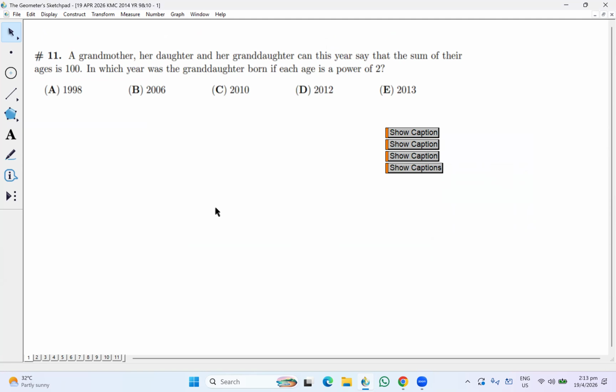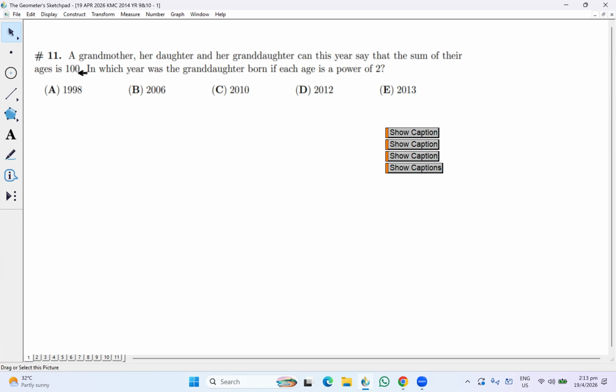There are always 30 questions. A grandmother, her daughter, and her granddaughter. In this year 2014, can they say that the sum of their ages is 100?